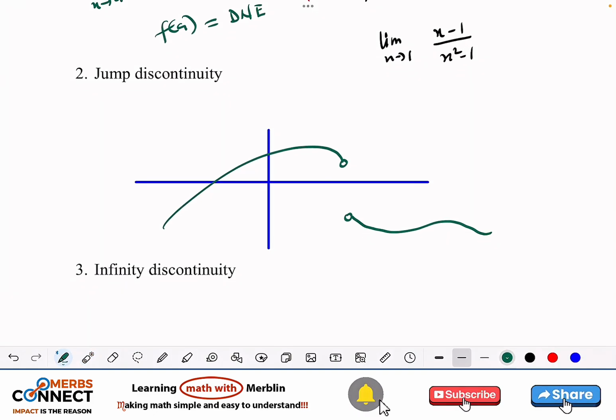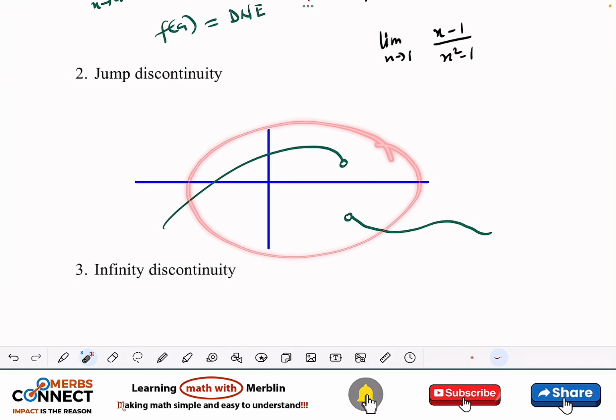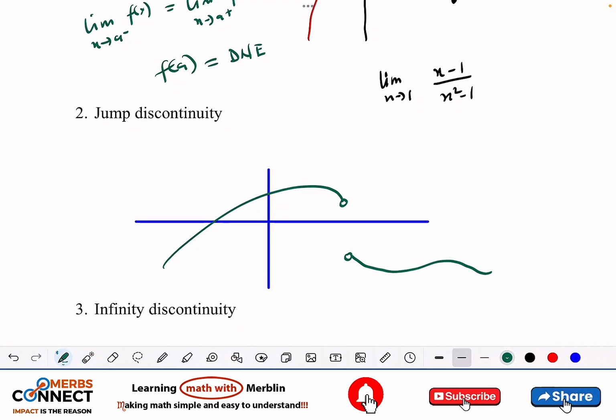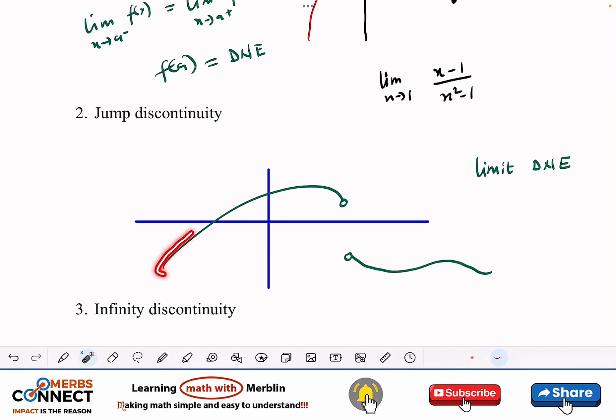Now, anytime you have something like a jump, the limit does not exist. Why? Because the left is different from the right. Let's assume that this is giving us negative 2, and this is giving us 1.